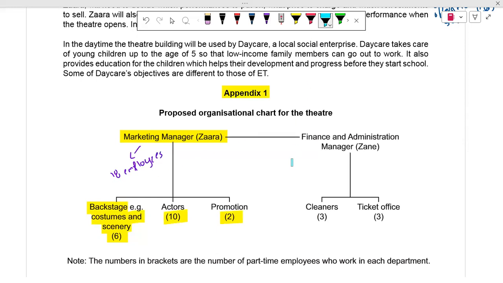And if we talk about the finance and administration manager, which is Zane, there are basically cleaners and ticket office, and he has only 6 employees under his supervision.